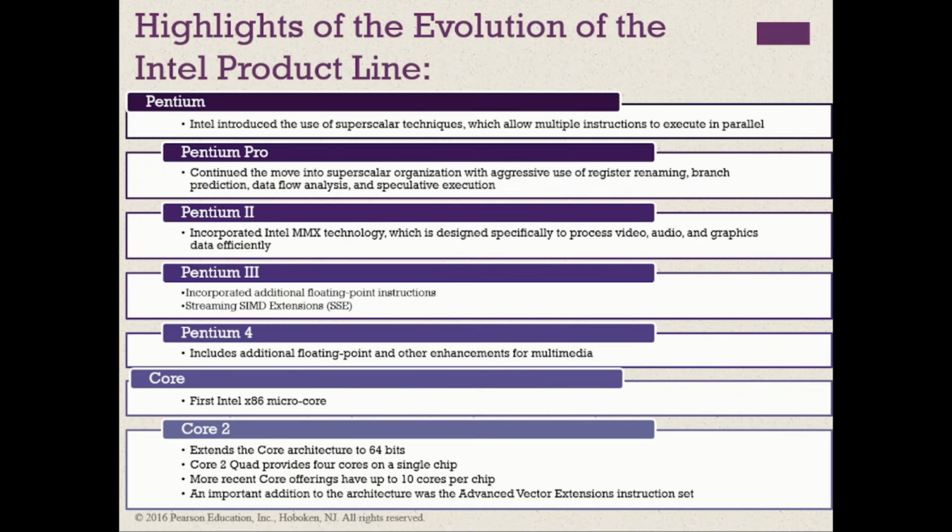So almost 40 years after its introduction in 1978, the x86 architecture continues to dominate the processor market outside of embedded systems. Although the organization and technology of the x86 machines have changed dramatically over the decades, the instruction set architecture has evolved to remain backward compatible with earlier versions.